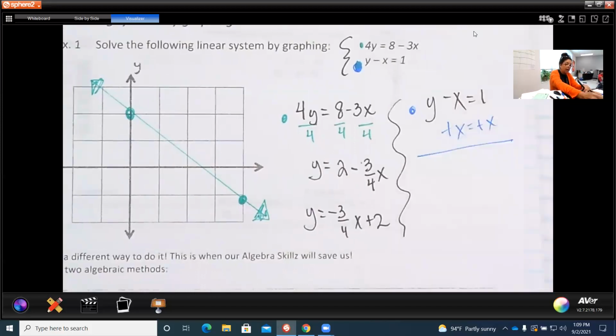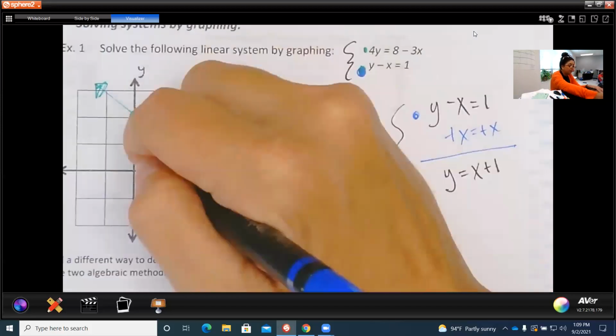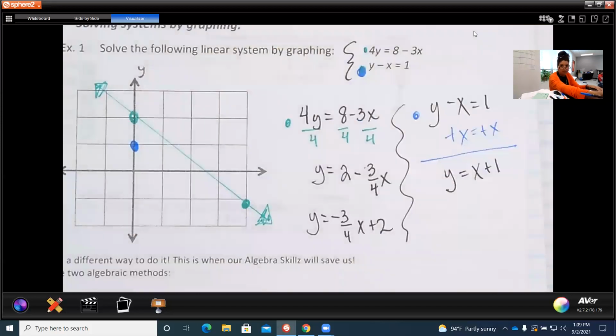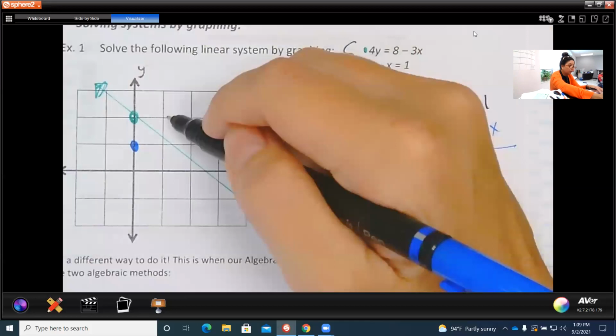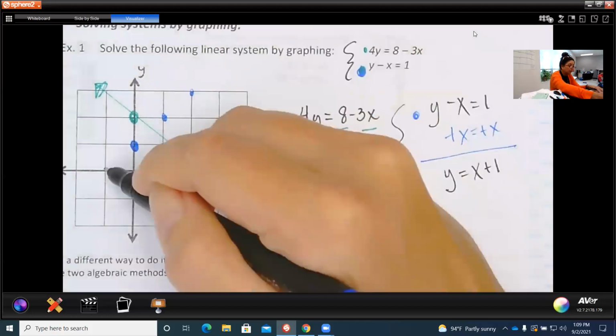So we have y equals x plus 1. Now is it ready to graph? Yeah, it's in slope-intercept form. So what do I plot first? The 1 on the y-axis, because that's my y-intercept, yes? Okay. From there, where do I go? Up 1, right 1, or down 1, left 1.